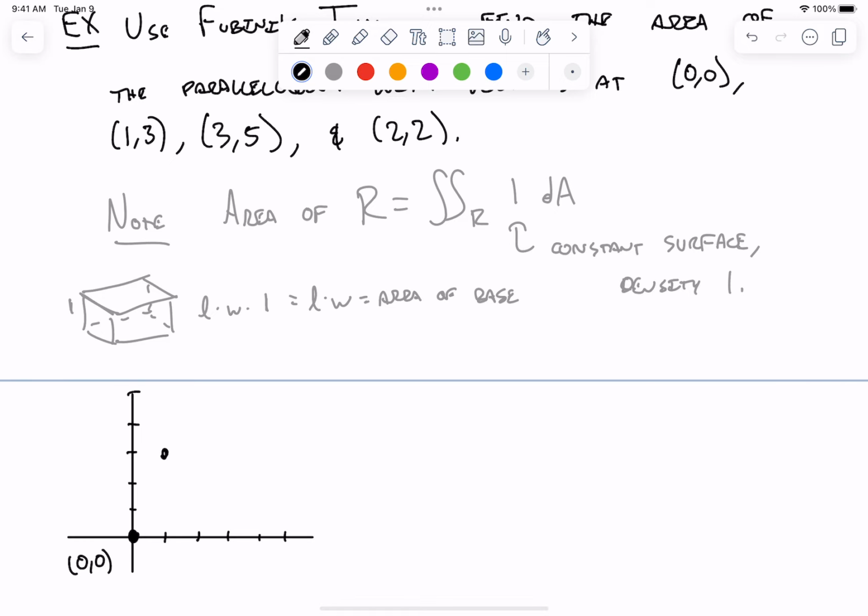I have 1, 3 as one of the points. I have 2, 2 as one of the points, and I have 3, 5 as one of the points. So here's my little parallelogram.